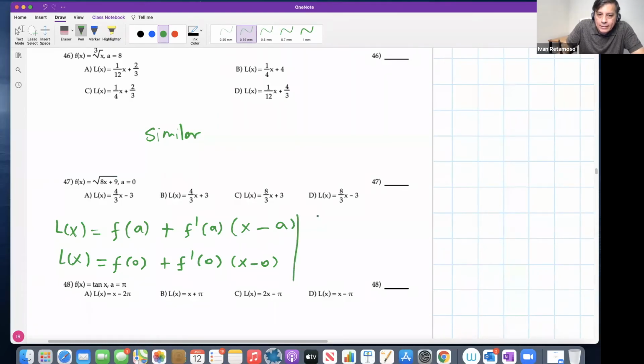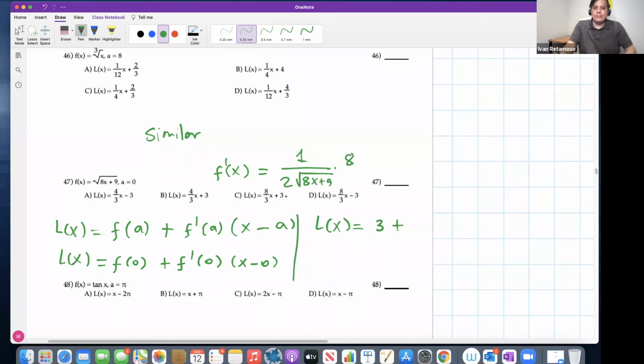But evaluation at 0 here, notice 8 times 0, 0, square root of 9 is just 3, right? 3. And if it cannot be done in your mind, you can use the calculator, right? 8 times 0, 0, square root of 9, 3. Very good. Plus the derivative of this. What is the derivative of this function? A square root function has this derivative, 1 over twice the square root of 8x plus 9 times the derivative of the inside function, 8, right?